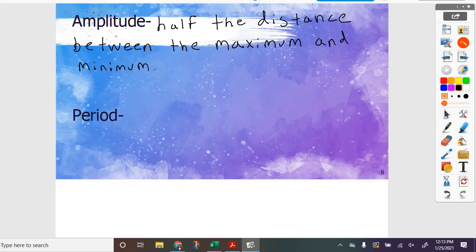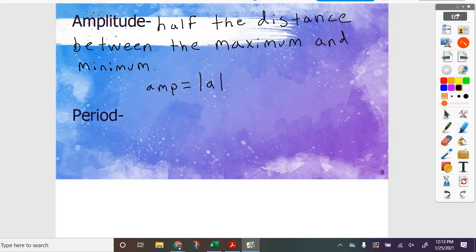When we're looking at our function, our amplitude is going to equal the absolute value of a, whatever that number on the outside of our function is. The reason it's half the distance is because when I stretch it, it goes both directions. When I multiplied by 2, I not only went up to +2, but I also went down to -2. So technically the distance between my max and my min would be 4, but we would say that our amplitude is 2. Does that make sense?